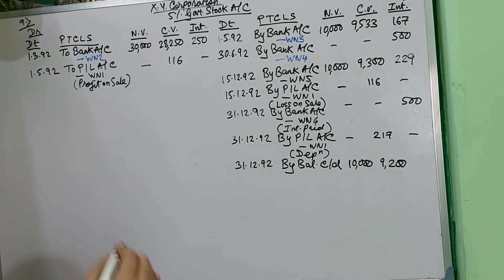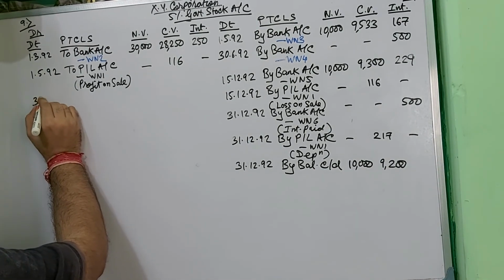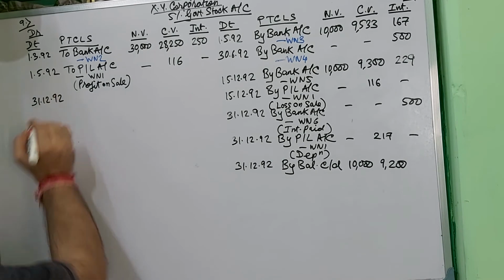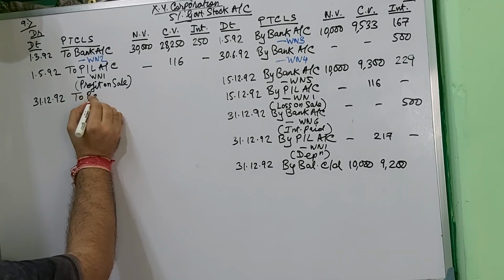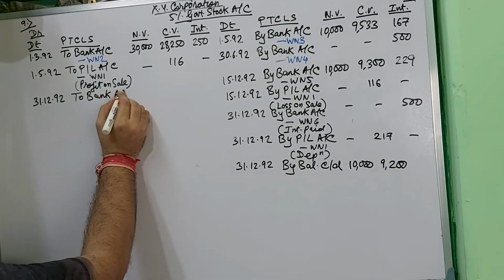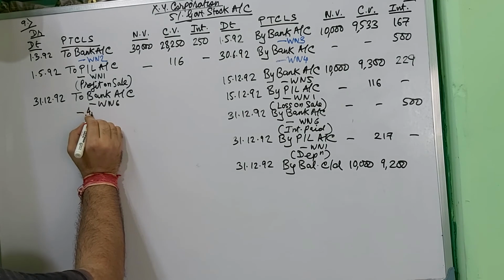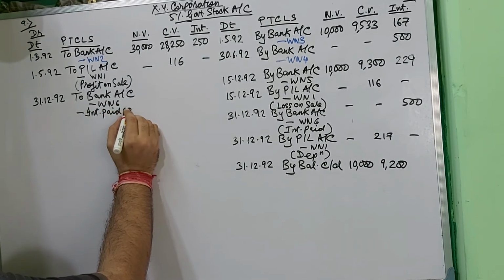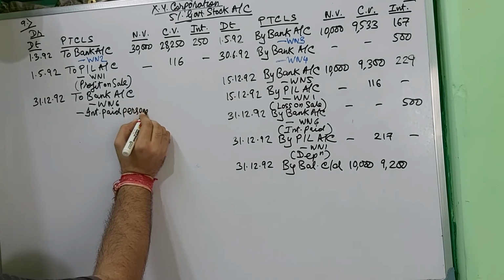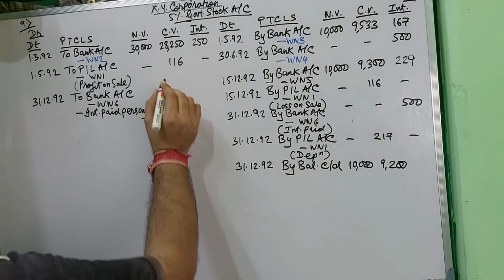And definitely, as I have mentioned, the interest you have to bear personally to bank account, again working note 6, interest paid personally, which is coming as 250.